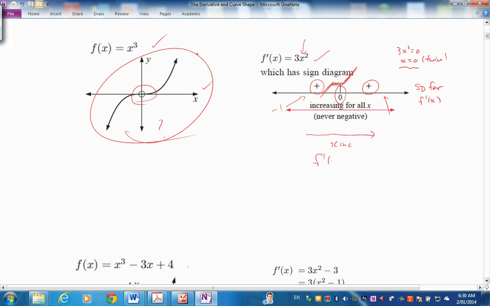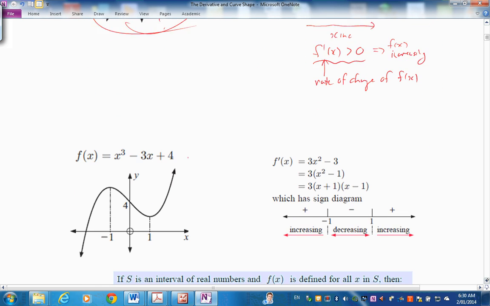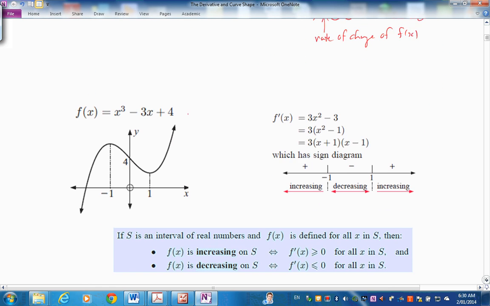Or f dash x is always positive, always greater than 0, which implies f of x is increasing purely from the derivative, because f dash x measures the rate of change of f of x, and it's always positive, always increasing. Getting the hang of it. It's powerful stuff, isn't it? That you can come at these graphs never having seen them before and without a calculator.